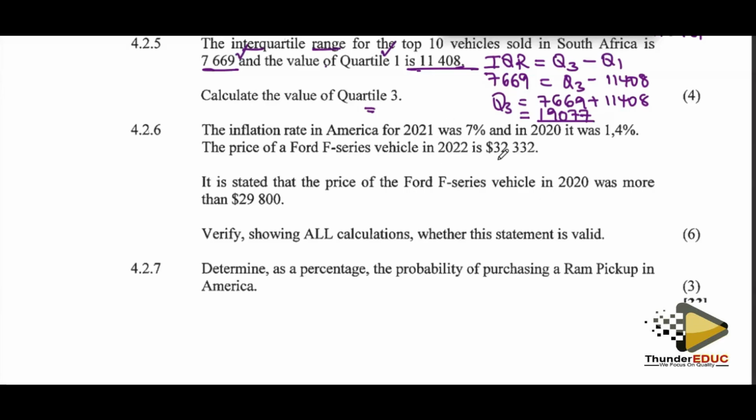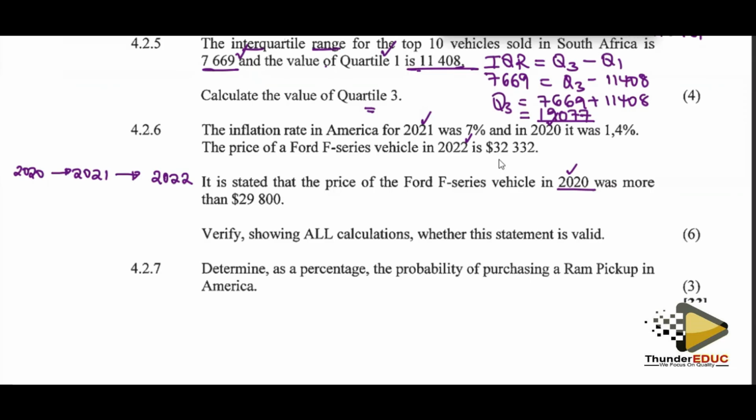So now, when it comes to inflation, here we see 2021, 2020, 2022. We need to arrange them in order from smallest to biggest, which is 2020, then 2021, and then 2022.